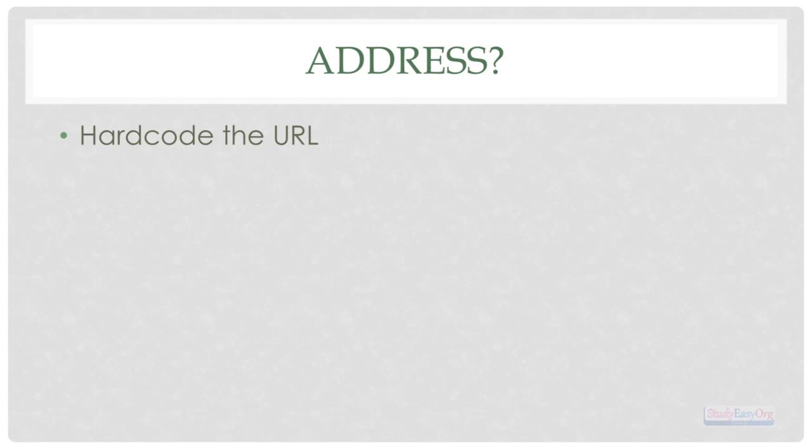But hard coding the URL has definite disadvantages. Every time the address changes, we have to change the hard coded URL, and there is a scope of human error. So hard coding the URL isn't the best solution.